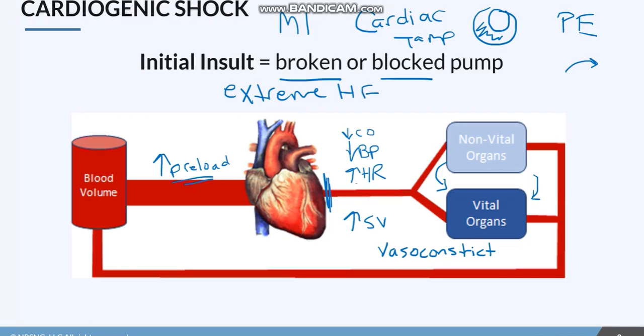Remember, afterload is measured by SVR. Okay, so can't go forward, so we have an increased preload, decreased cardiac output and blood pressure. Our compensation is increased heart rate and an increased SVR. So again, we're shunting away from our non-vital organs and towards our vital organs. So what we're left with basically is this pumping system that is entirely broken and vital organs that are not getting the blood that they need.